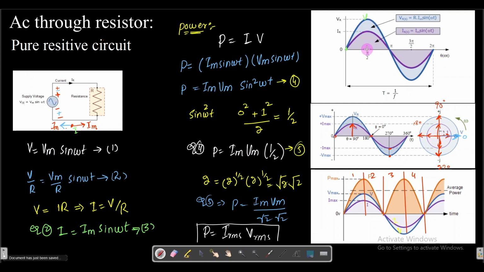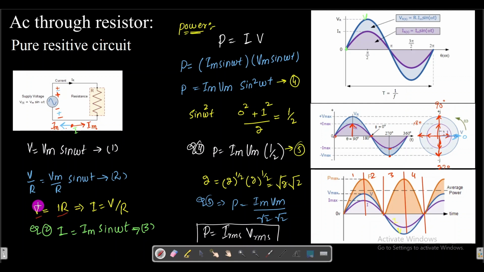The reason behind that is this: according to Ohm's law, V is equal to IR. So this V is more than this I, because V is equal to I multiplied by the resistor. The resistor will have some value, and if we multiply that resistor value with the current, then it will be equal to this voltage.